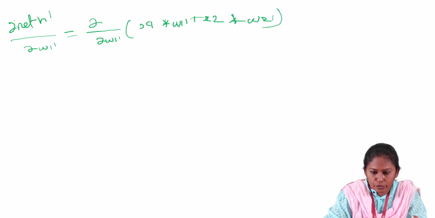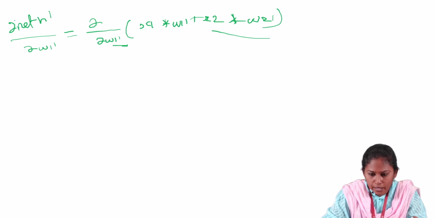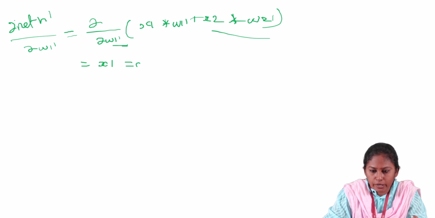Now we are doing it with respect to w11, so this entire part will become 0, and hence the answer is nothing but x1, where x1 is 0.35.